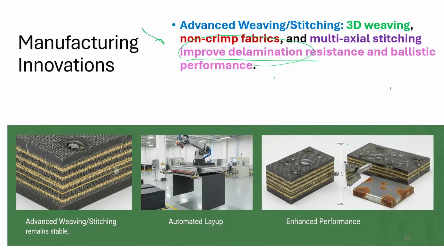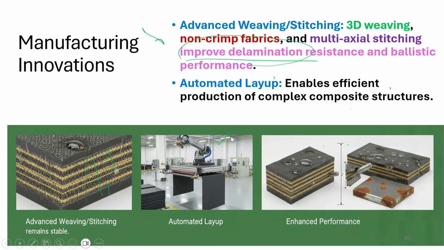We can see advanced weaving and stitching, multi-axial and 3D fabric, which enhance the performance. Even automatic laying up is also important. Automatic laying up enhances efficient production of complex composite structures, so using automatic layup we can produce complex structures.